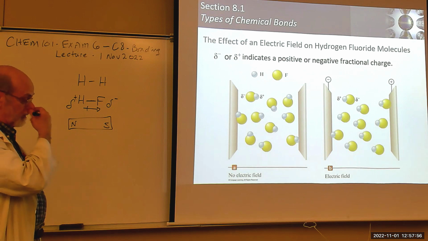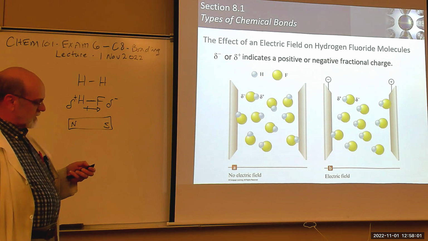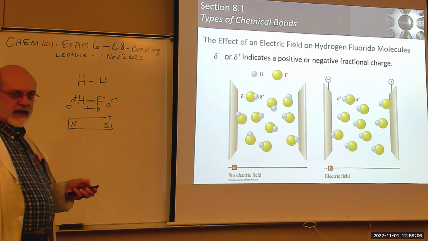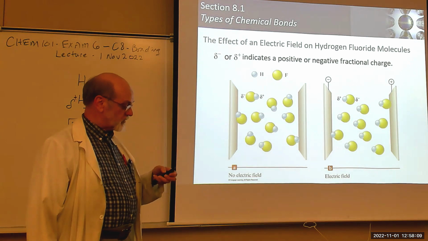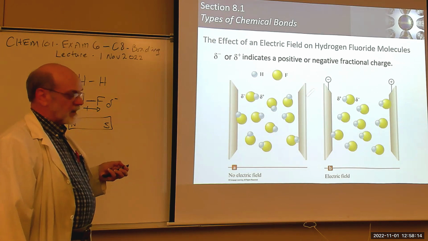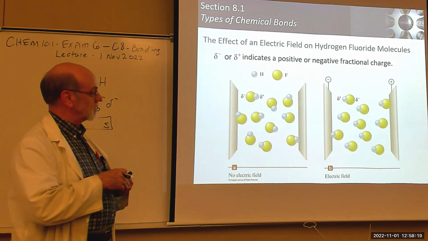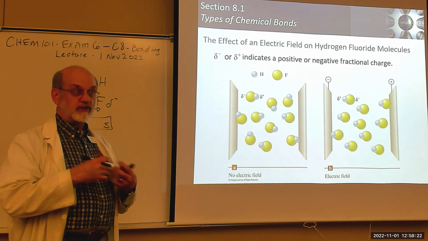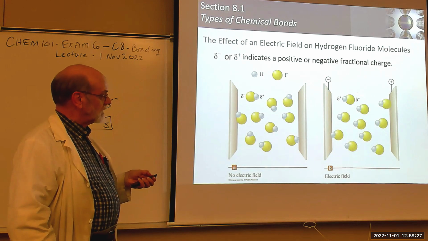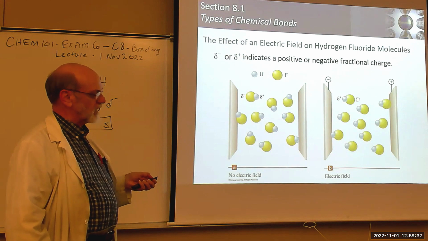You can actually measure the polarity. So we have this HF molecule, and it's between two plates, right? And we have sensitive instruments that can judge the charge between the plates. If you vary the charge on the plates and measure the induced charge between the plates, then you can tell exactly when these molecules line up with the negatives toward the positive plate and the positives toward the negative plate.